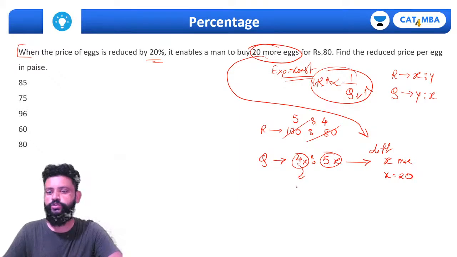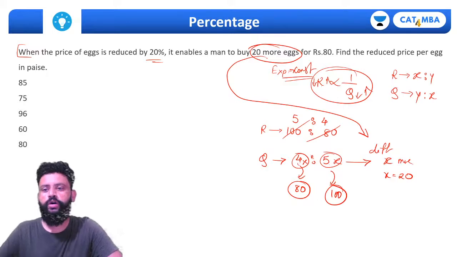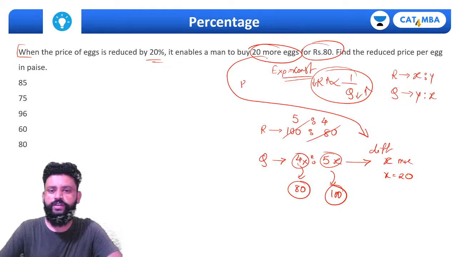So initially he used to buy 80 eggs, and now with the reduced rate of 20% compared to the previous rate, he can buy 100 eggs. Now the expenditure was the same in both cases. It was rupees 80.